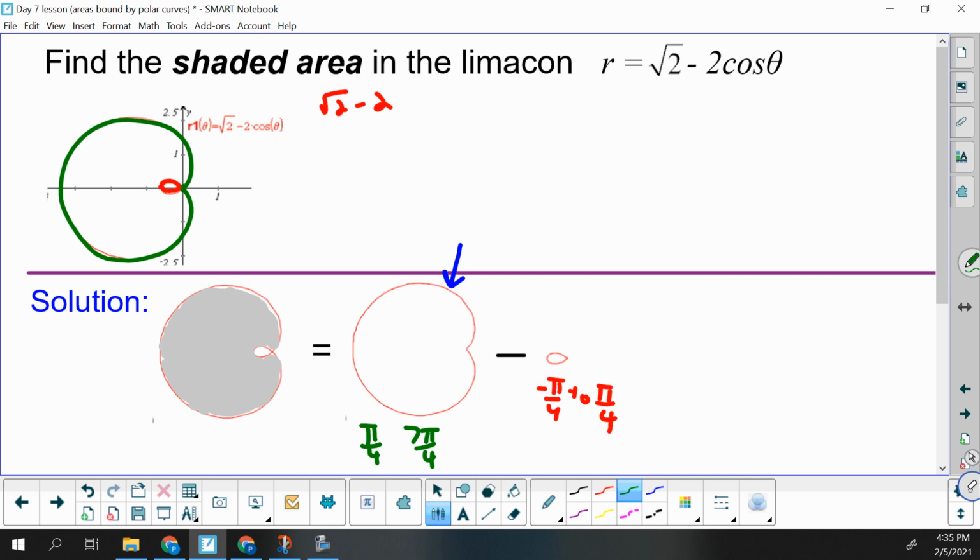So the strategy is to do our area with that radius from pi over 4 to 7 pi over 4. That'll give us the big one. And then subtract off our little loop there from negative pi over 4 to pi over 4. Now, you could have done the little loop from 7 pi over 4 to 9 pi over 4, and that would be the same thing.